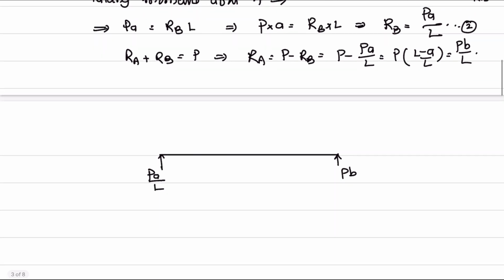Now, what are the reactions we have got? The beam will be like this. RA is PB by L. RB is equal to PA by L. And P is acting like this, at a distance of A from the left hand side and at a distance of B from the right hand side.